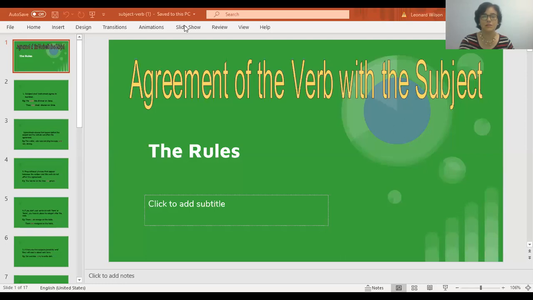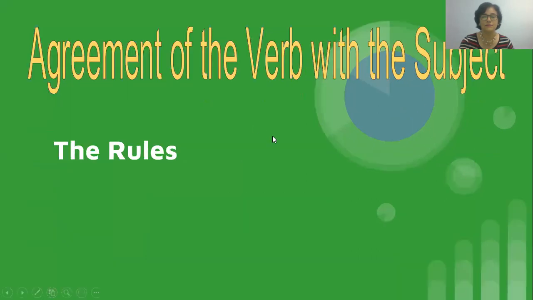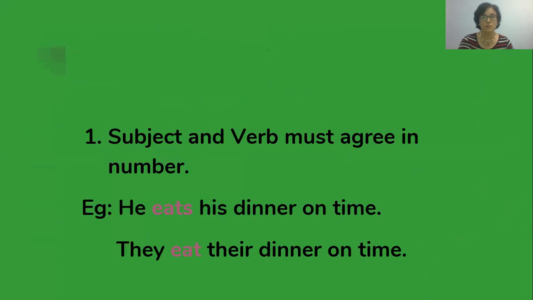I'll start a slideshow. So that's the topic for today. Agreement of the verb with the subject. And we'll begin with the rules. The first rule, the subject and verb must agree in number. Number meaning, if it is a singular subject like he, the verb must agree with that.